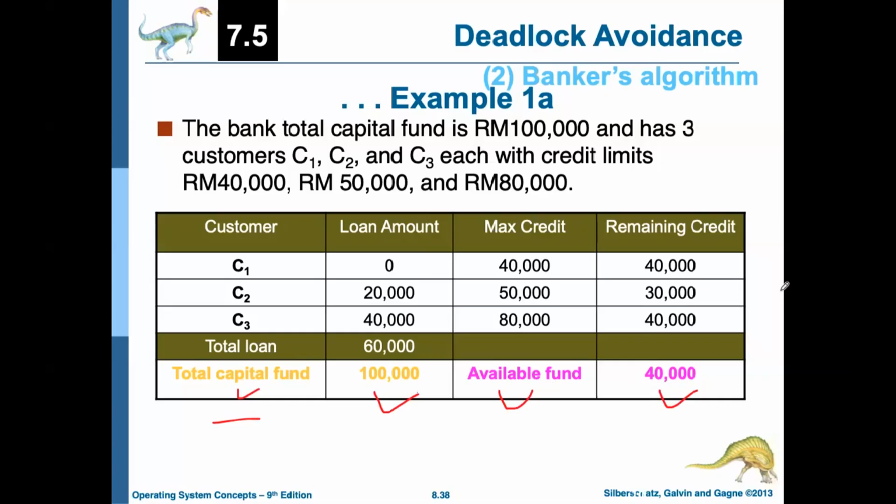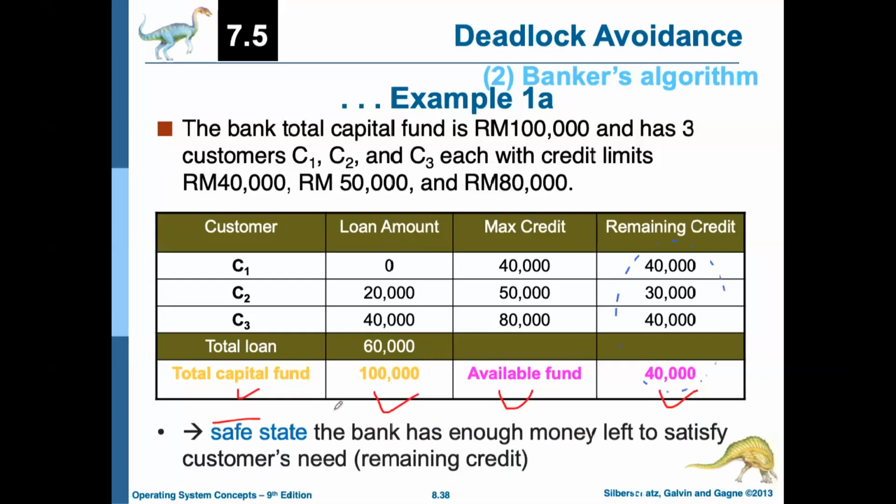A safe state means the bank has enough money left to satisfy customer needs, which is the remaining credit.